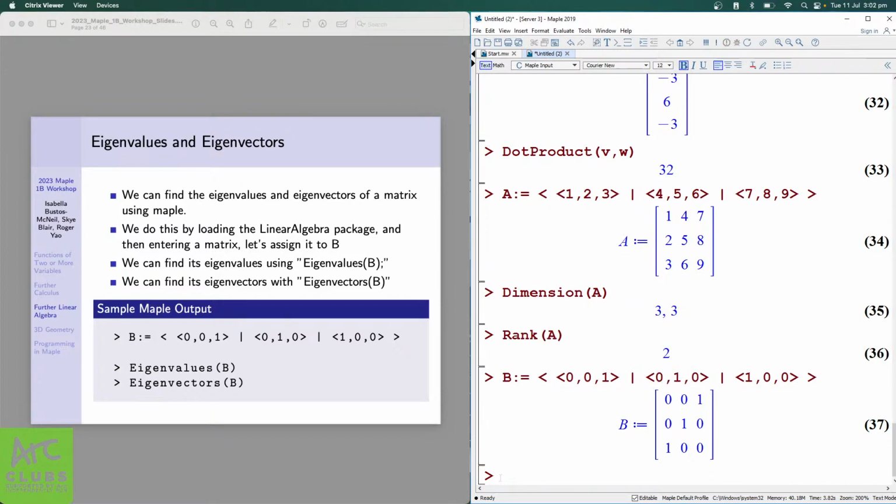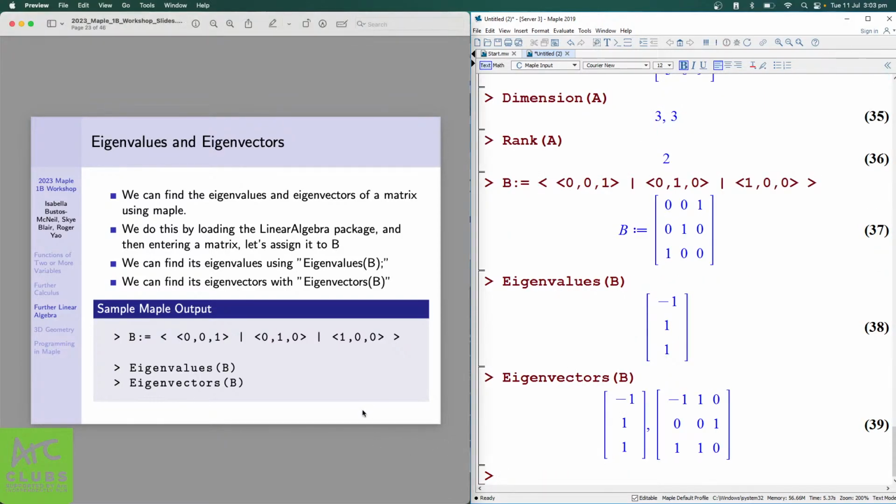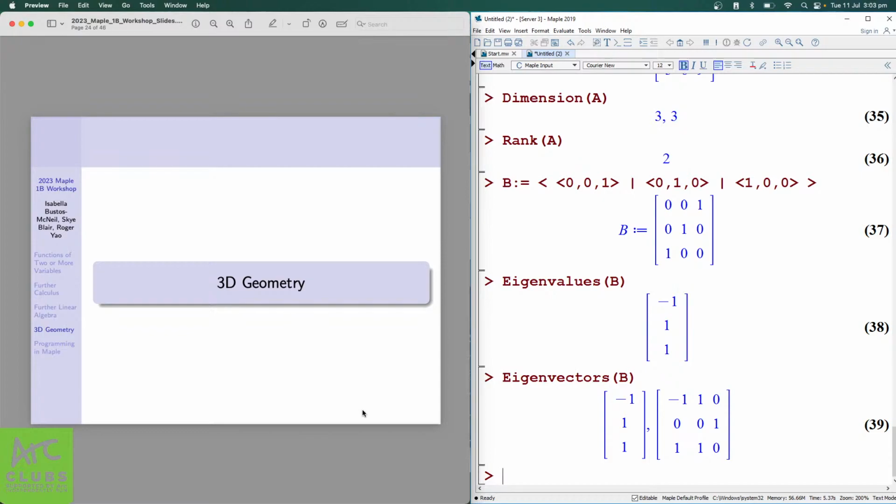And so what we can do with this one, we can find the eigenvalues of B and the eigenvectors as well, as such.